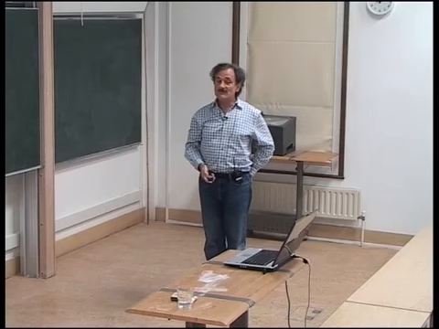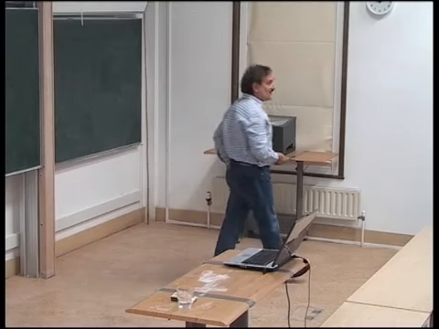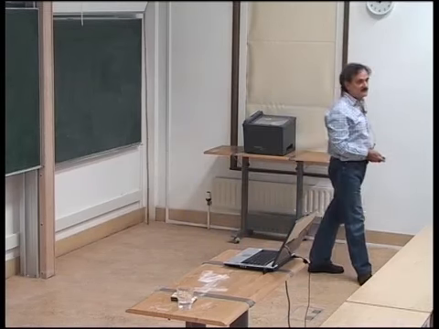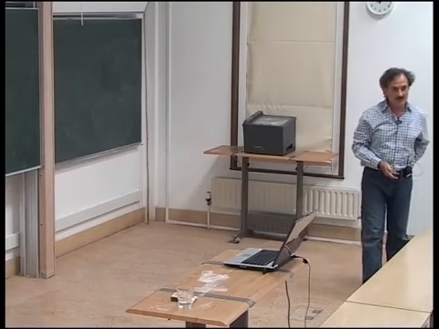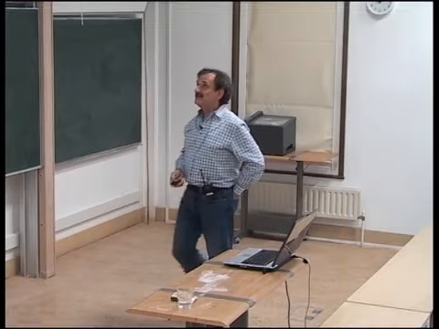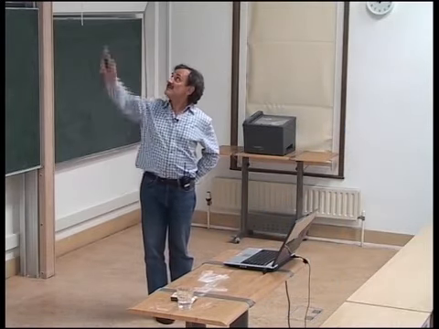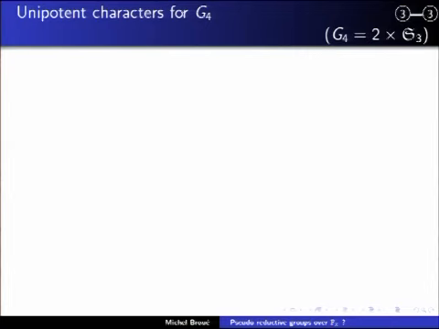And now I turn to a stranger object. Let me consider the complex reflection group G4. G4 is the smallest of the exceptional groups which were classified by Shephard and Todd in the 50s. It's a group generated by two elements of order 3. This is the diagram over there, s and t, which satisfy the same braid relation as A2, namely sts equals tst.